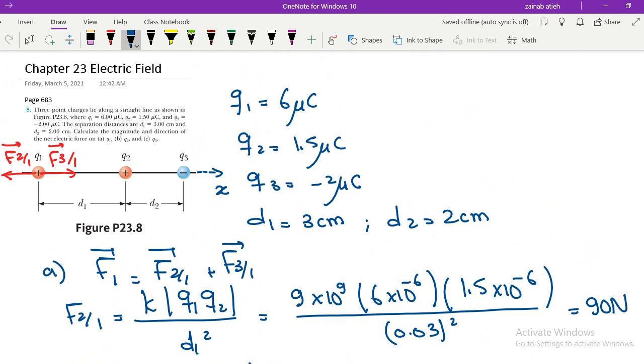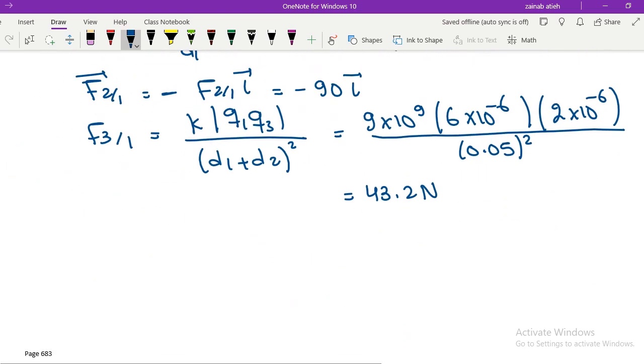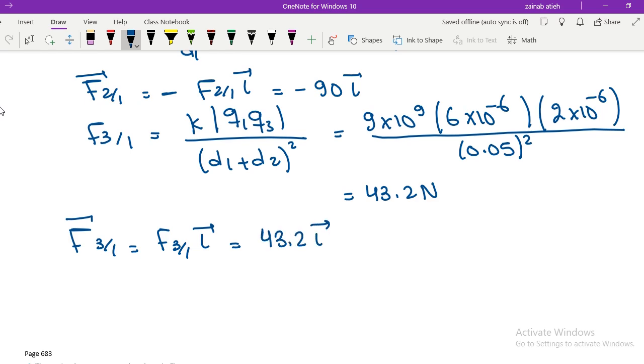It has the same sense as the x-axis, so it's written as the magnitude multiplied by I. So the vector F3 on 1 is equal to F3 on 1 I. No need to project with an angle, it's just with the I vector on the x-axis. So we will get 43.2 I.